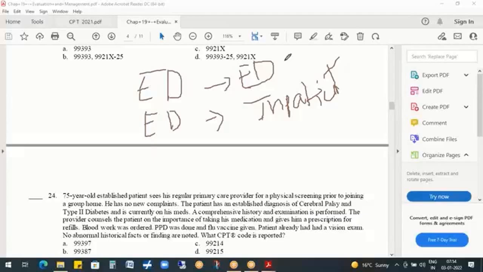The ER physician placed the patient in observation status for 48 hours to monitor his blood pressure.